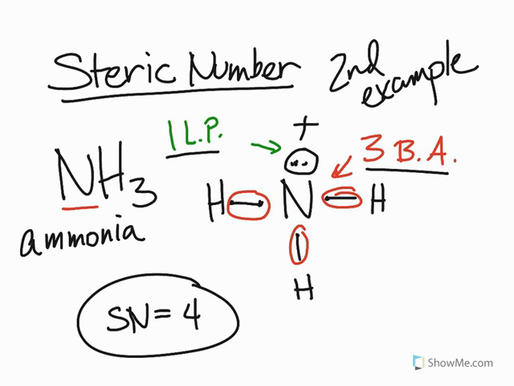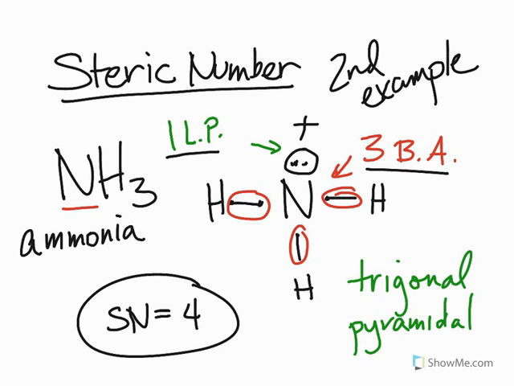Just to give you guys a heads up, this happens to be trigonal pyramidal. And the reason why it's trigonal pyramidal is that one of these bonding areas from a tetrahedral structure becomes a lone pair, and that happens to be this lone pair right here.